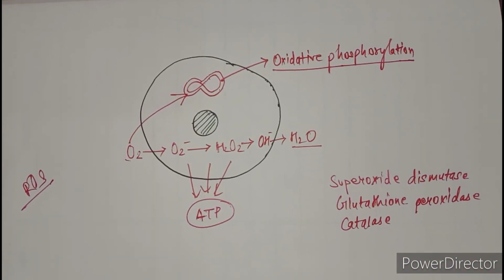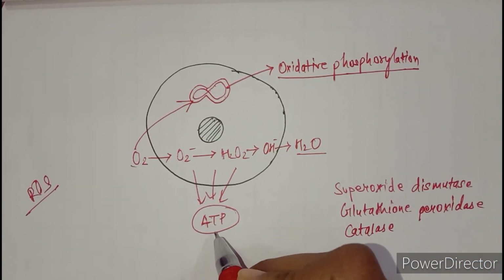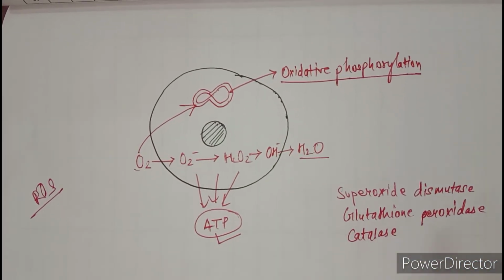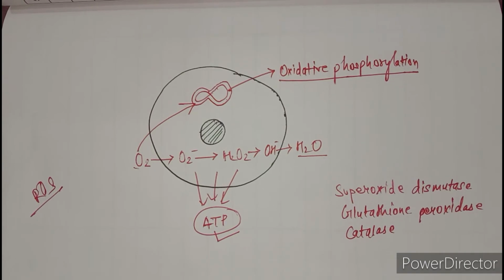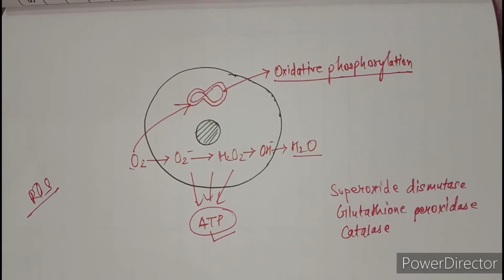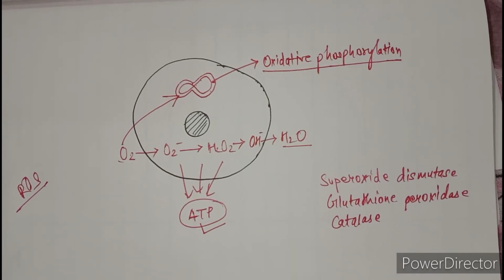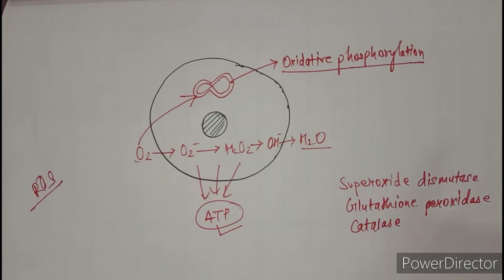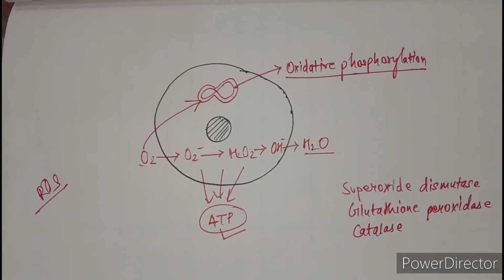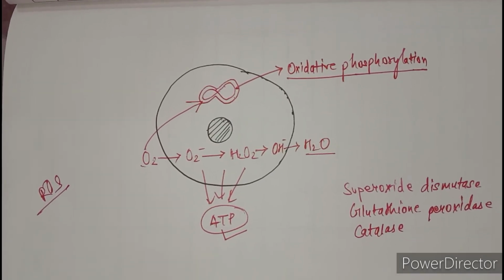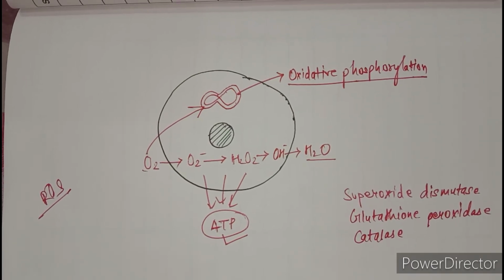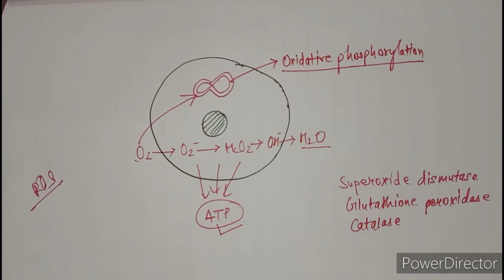During this process, ATP is released at various intervals. So this is not a direct process. There are many intermediates which are formed during this process. What are those intermediates?